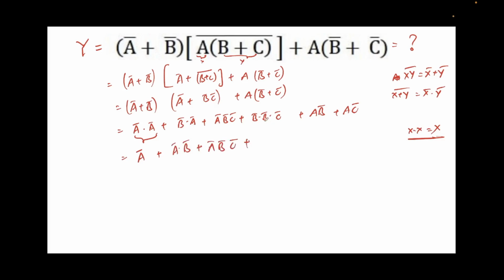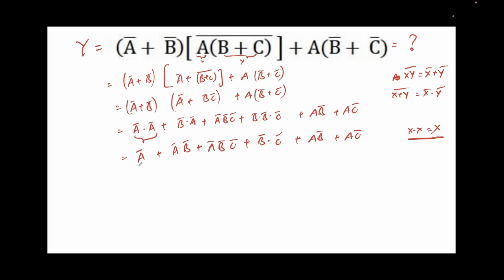Again, B bar dot B bar, using this expression, will be nothing but B bar, so this term becomes B bar C bar plus A B bar plus A C bar. Now let's have a look at this expression.